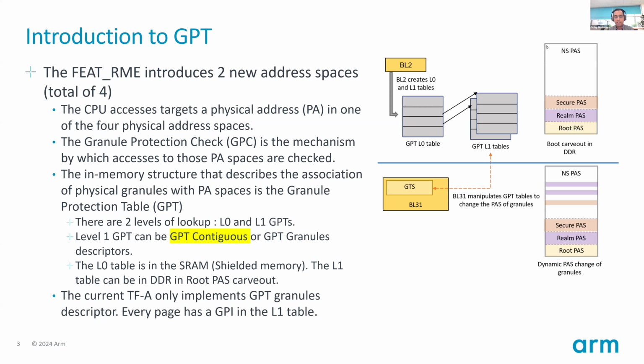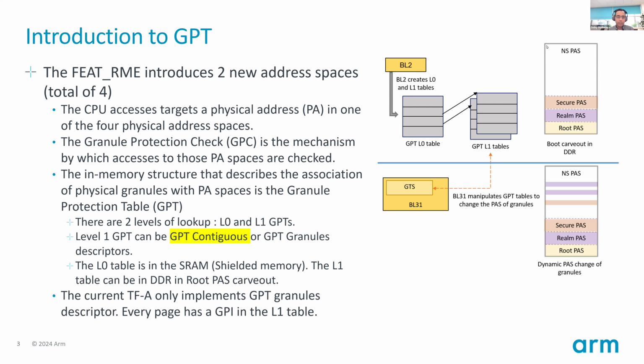As per the architecture, there are 2 levels of lookup: an L0 table and the L1 GPT. The architecture allows the L1 GPT to be either contiguous or granule descriptor. I've highlighted contiguous because this is important for the next slide.